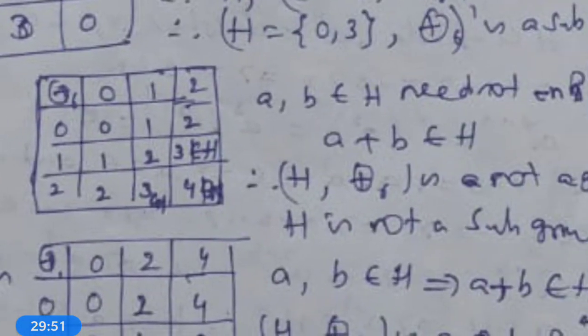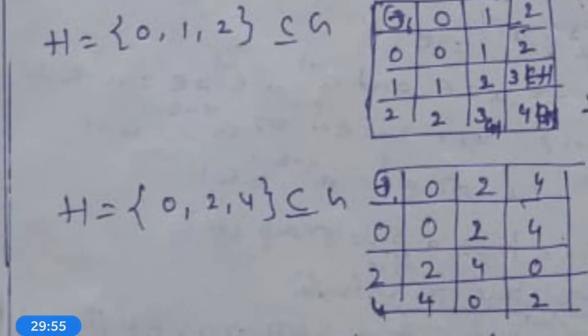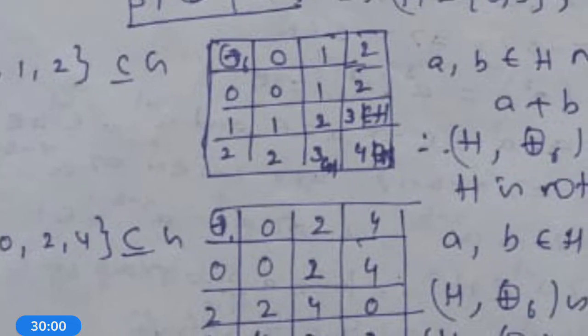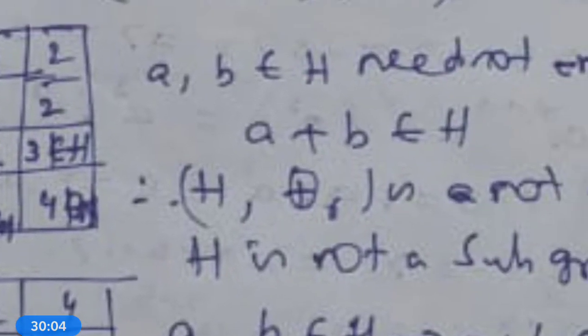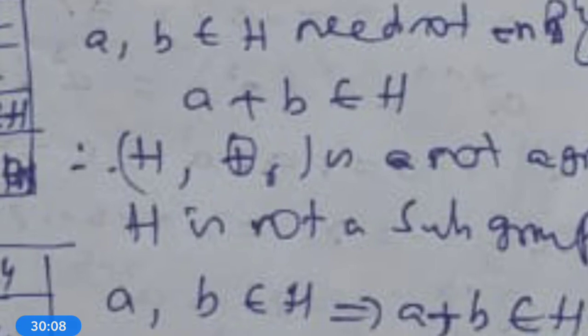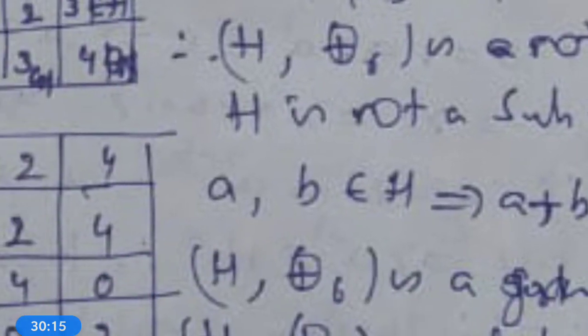Now, 3-element set. H is equal to set {0, 1, 2}, a subset of G, and the binary operation is like this. Some elements do not belong to H. So, a, b belongs to H need not imply a plus b belongs to H. Therefore, H, comma, circle plus 6 is not a group. Therefore, H is not a subgroup.